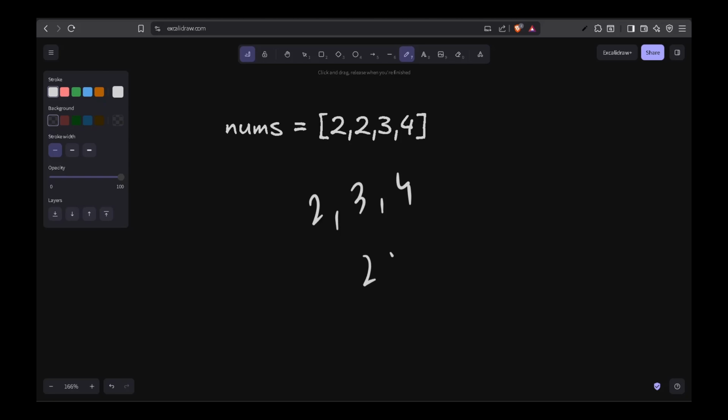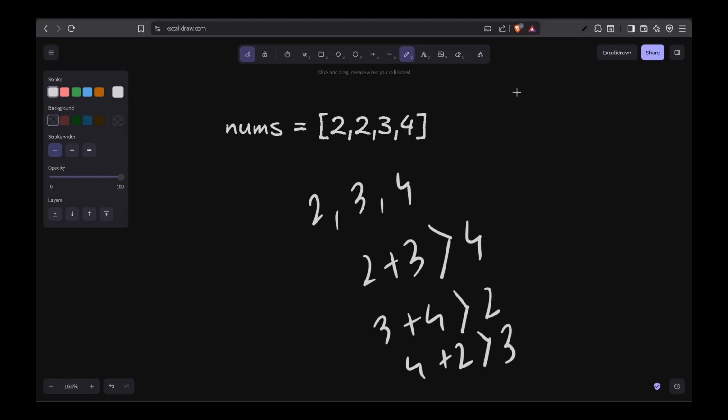So that means 2 plus 3, the third side remaining is 4, so it must be greater than 4. Same with the other sides, 3 plus 4 should be greater than 2 and 4 plus 2 should be greater than 3.